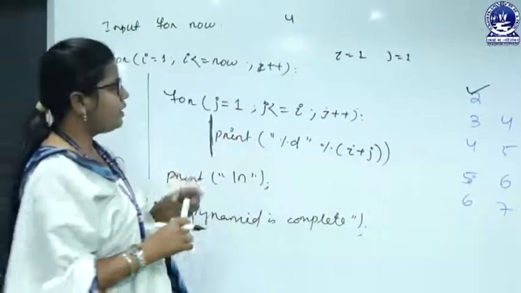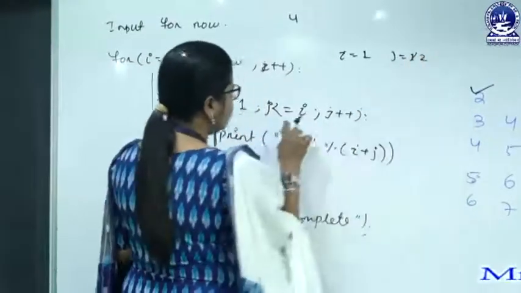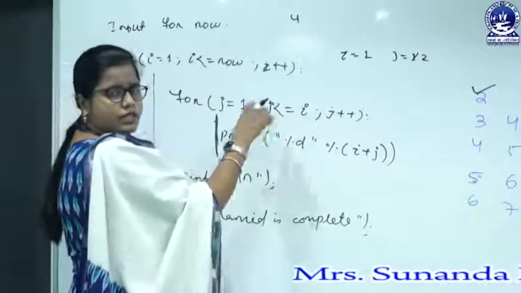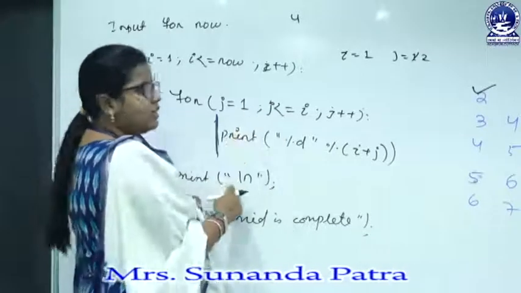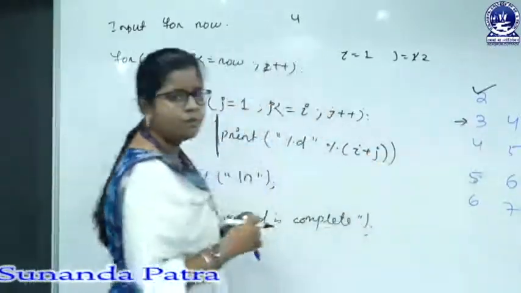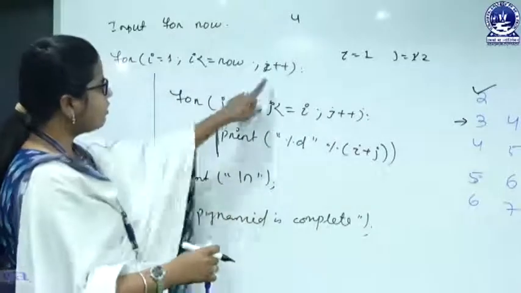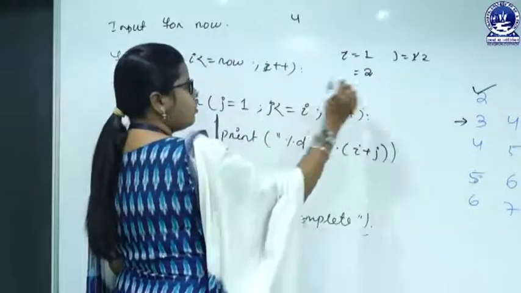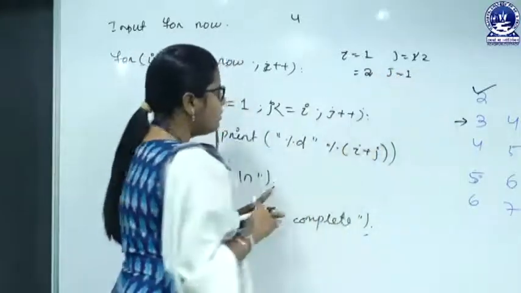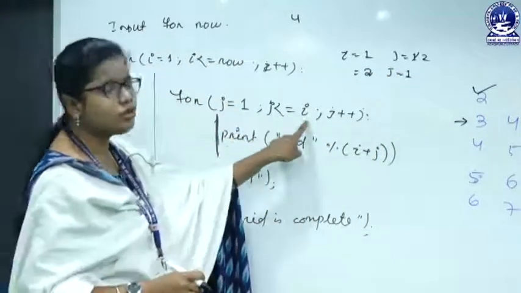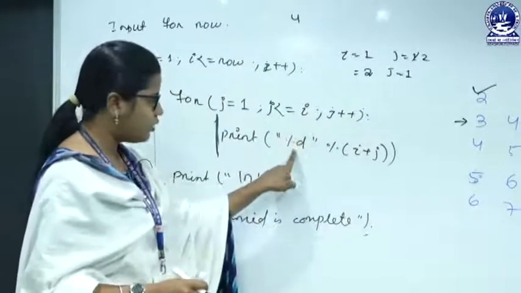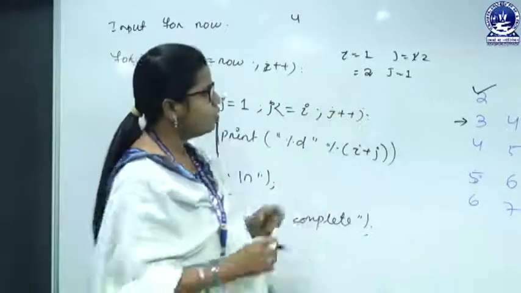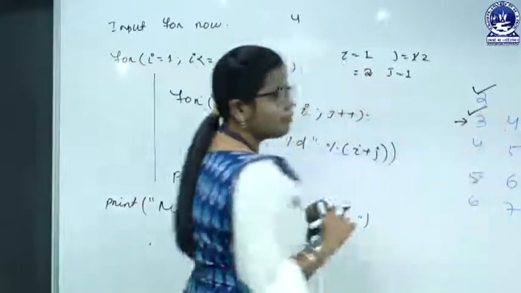Then J will be 2. Once J will be 2, this condition is false. I will go here, then after this I will go for I equals to 2. So I will be 2, J equals to 1. 1 less than equals to 2, true, then I will go here. 2 plus 1 is 3, then 3 will get printed.